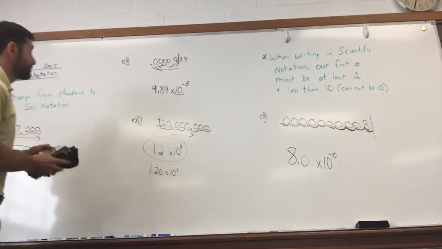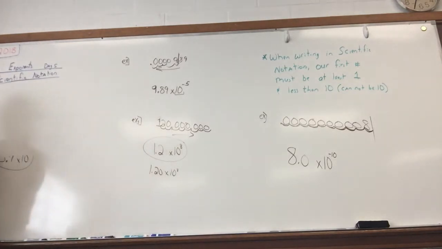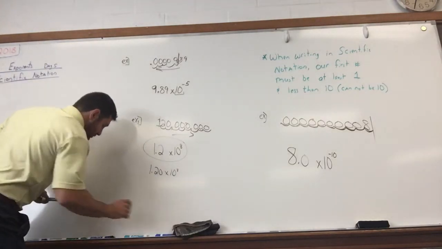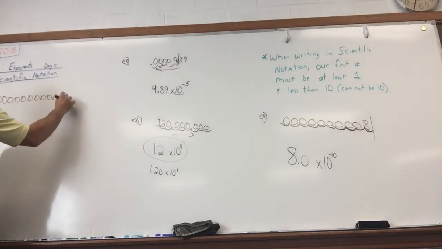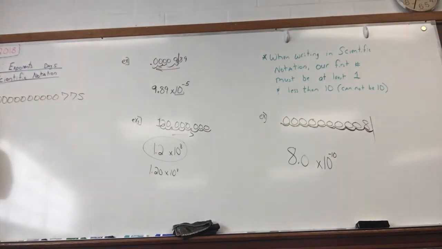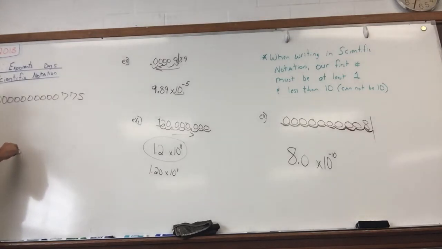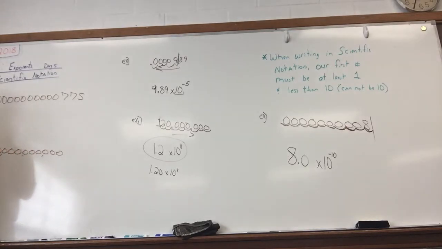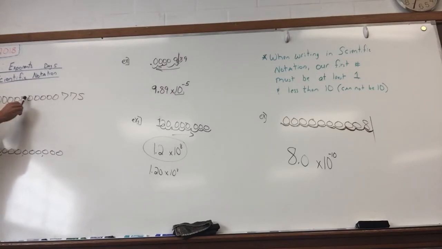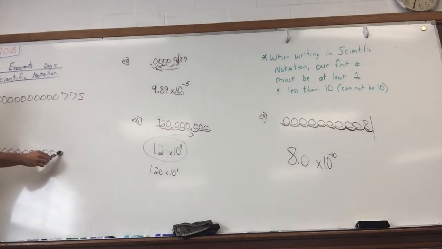Okay, let's try 2 more. Here we go. Last ones for the day. You're going to try them on your own. So number 1. 1, 2, 3, 4, 5, 6, 7, 8, 9, 10 zeros.